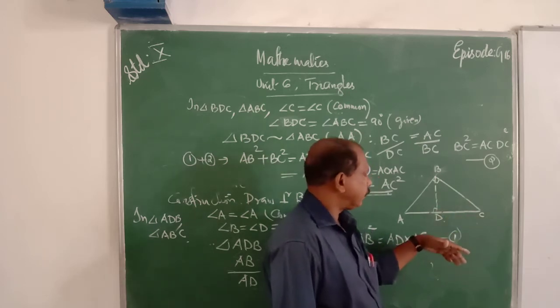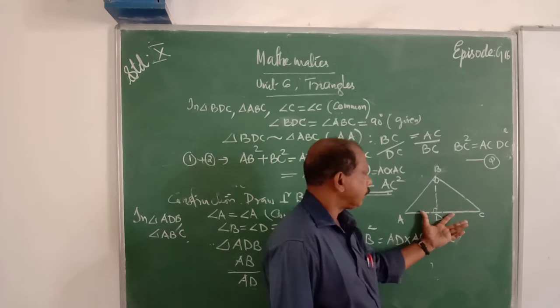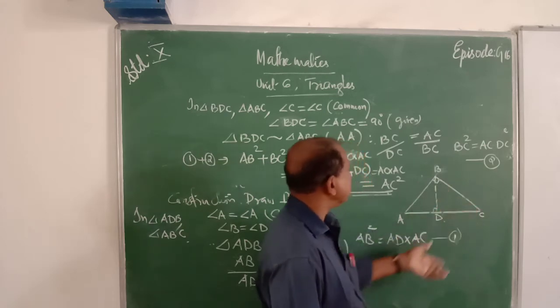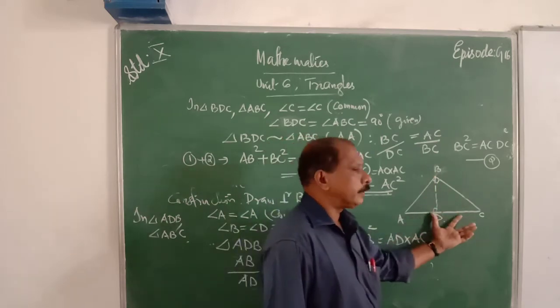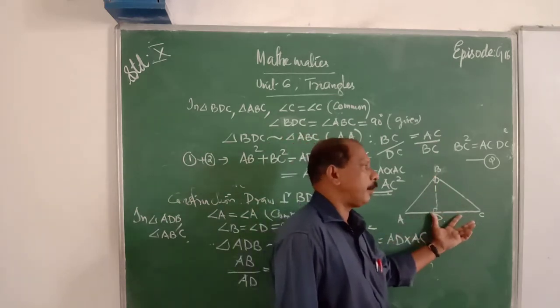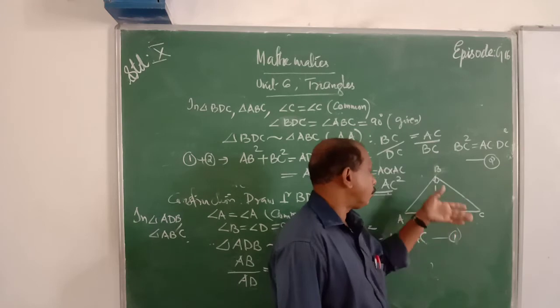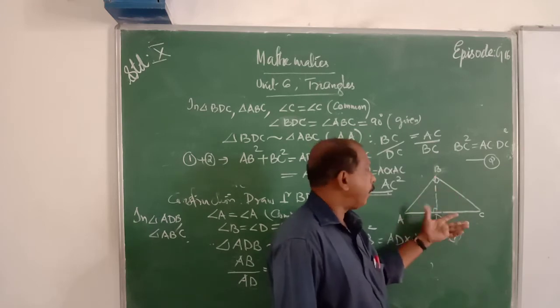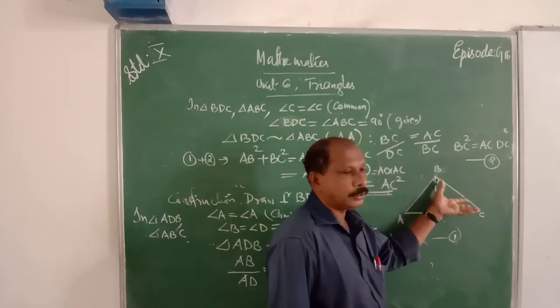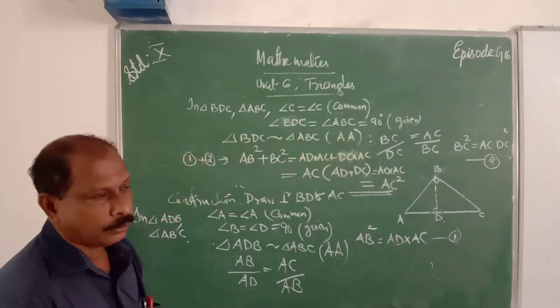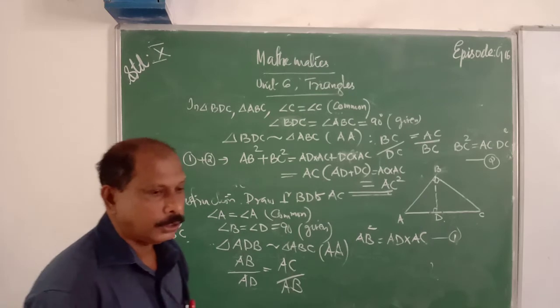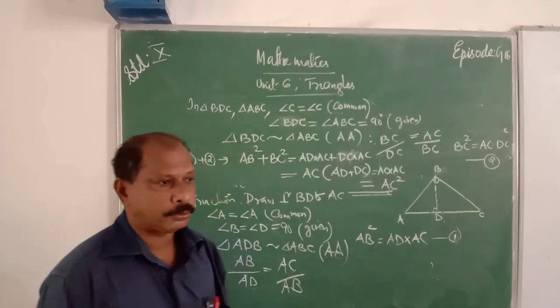The hypotenuse of the first large triangle is AC and of the small triangle is BC. Therefore, BC by DC, that is the ratio of altitudes, is equal to AC by BC, that is the ratio of hypotenuses of first and second. Cross multiplication, BC square is equal to AC into DC, that is equation number 2.